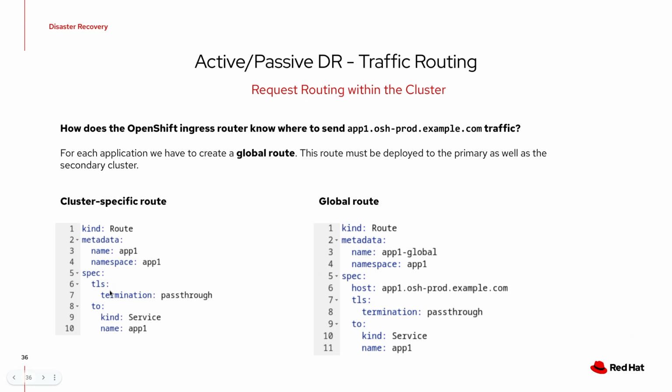That one is automatically generated using the route name, and this route only works for that particular cluster. On the other hand, the global route has a host specified here, and this host is the global name of the application. Now, this global route needs to be created in both clusters, in the primary as well as the secondary, at the same time, so that when the traffic comes using the global route, the cluster knows where to forward it to the pods.